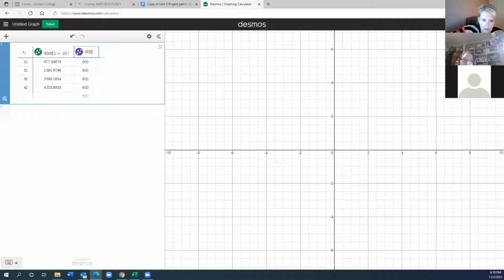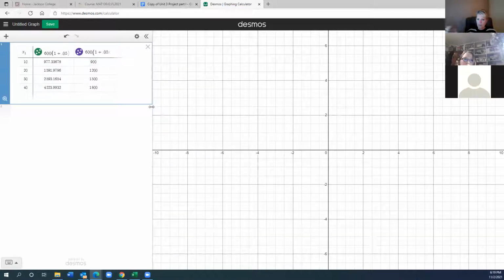So that's going to be 600 parentheses 1 plus 0.05 times x1 inside the parentheses.